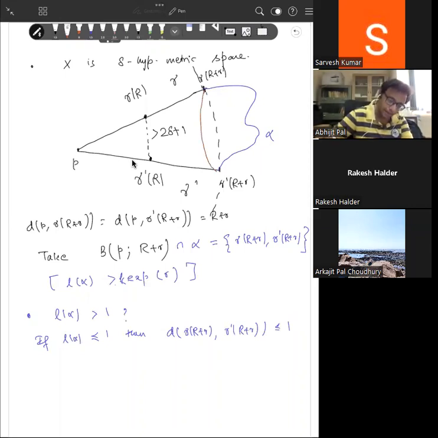Now if I take this triangle, do I get any contradiction? This side has length at most 1. So now we have this triangle.